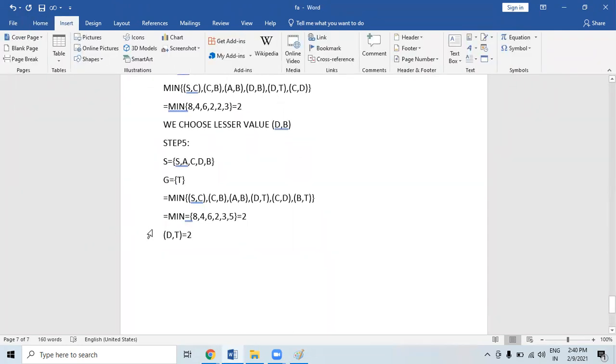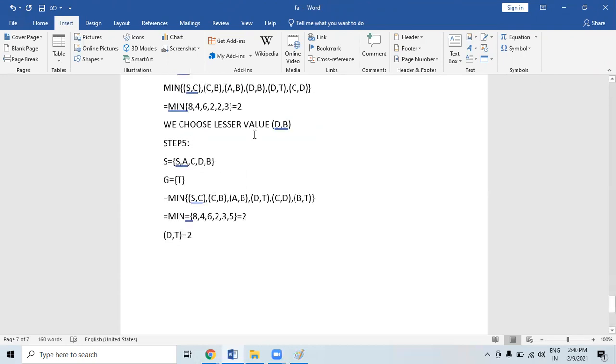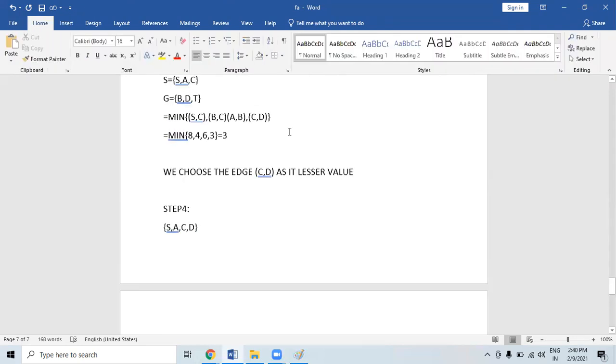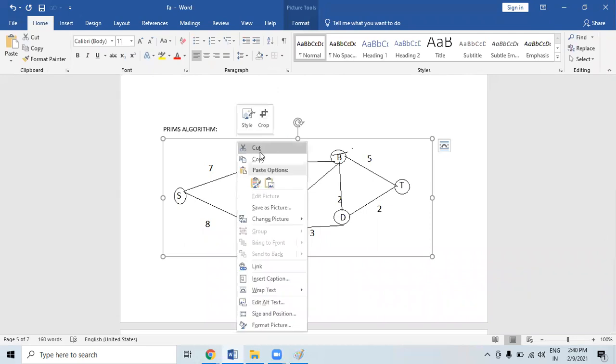So first we take bd, db, and then dt. Based on these minimum edges, we have to draw the diagram again. Okay, so let's take this diagram.